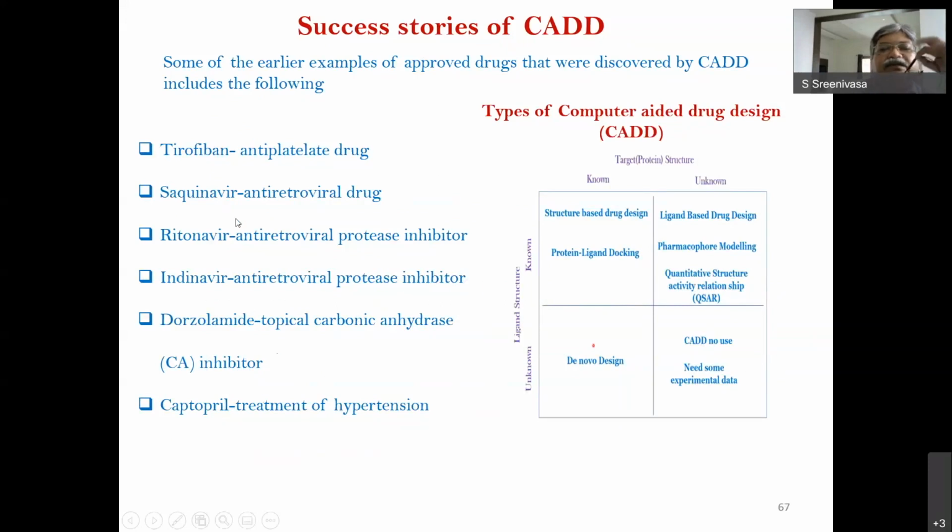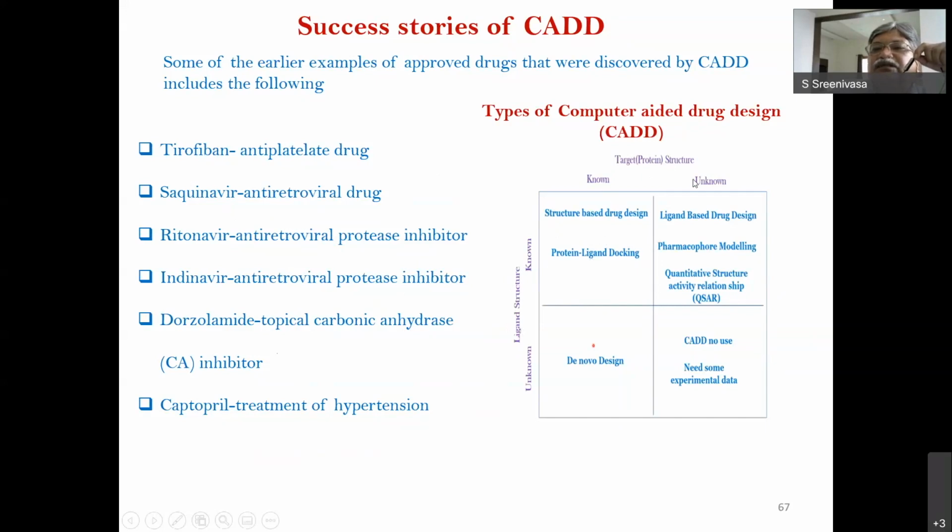Okay. Here, for this purpose, one has to know the structure of the protein or the structure of the drug molecule. The drug molecule, we will call it a ligand. If you know the structure of the drug molecule and the protein to which it binds, then it is called structure-based drug designing.